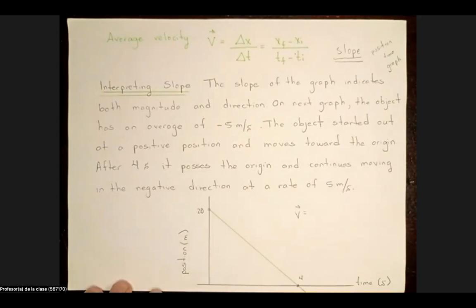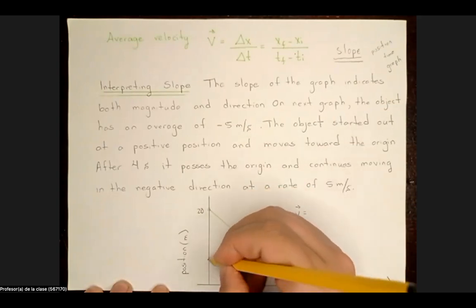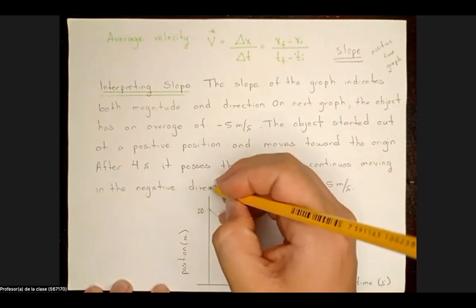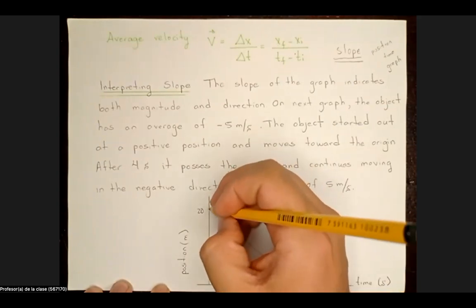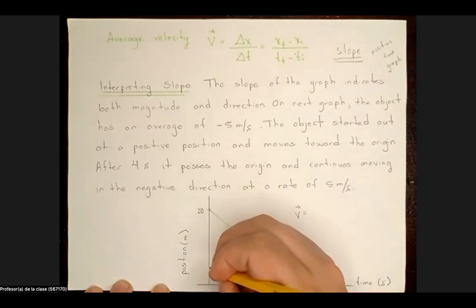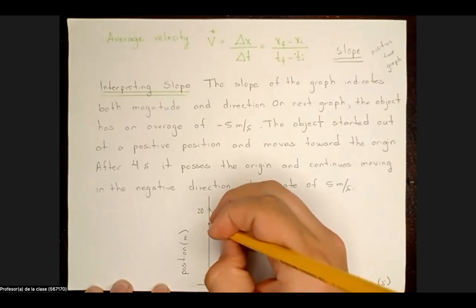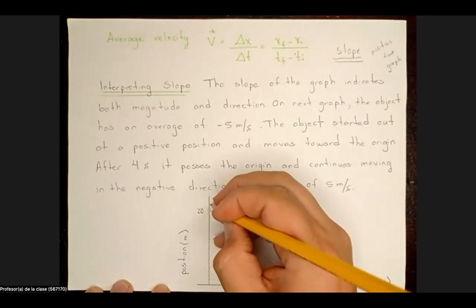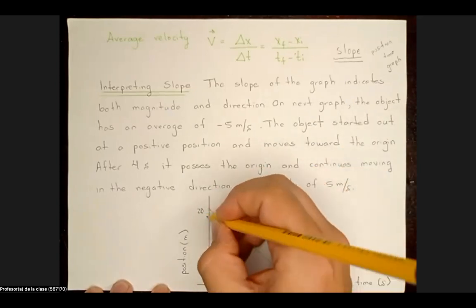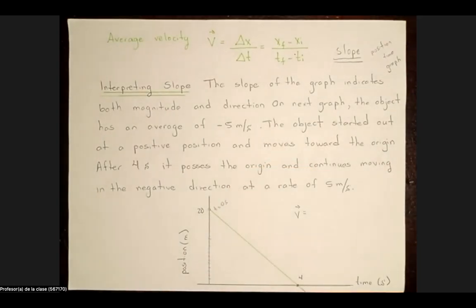So first, this 20 over here, the intersection between the straight line and the y-axis. It doesn't matter which point you have, if that point is over the y-axis, time is always going to be 0 seconds, okay? That 20 is the initial position of the movement, okay?